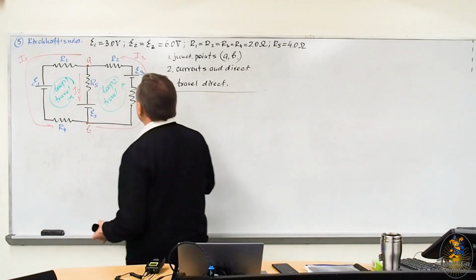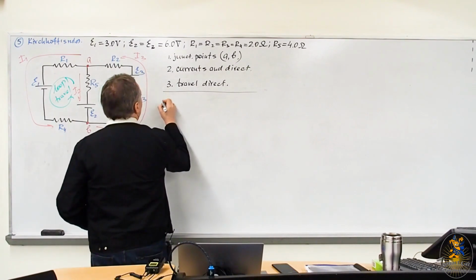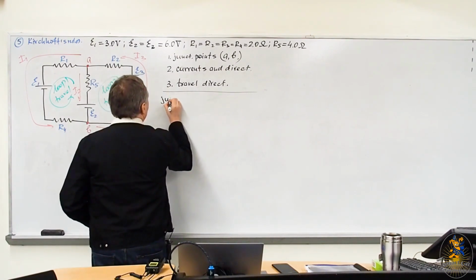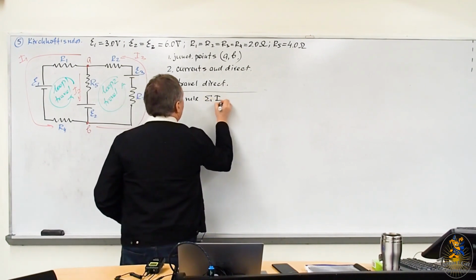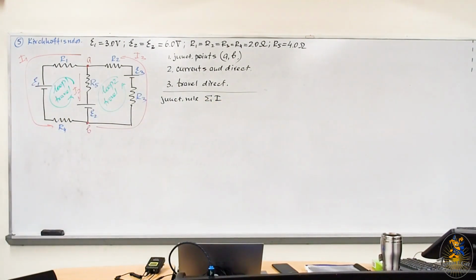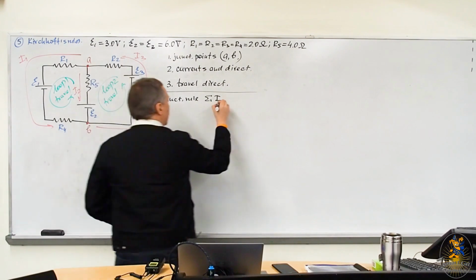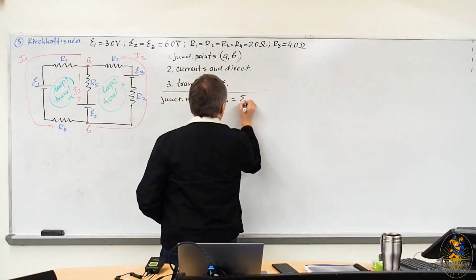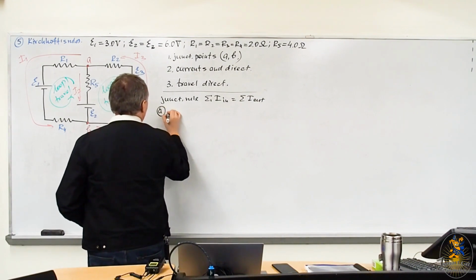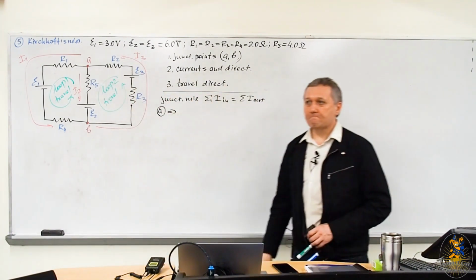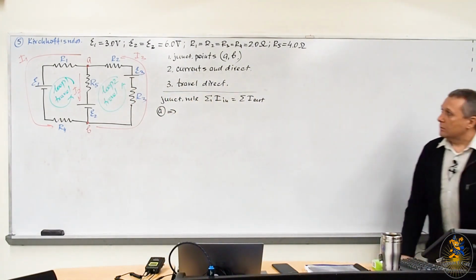So let's start. First, junction rule. So the total amount of currents into the junction point must be equal to the total amount of currents out of the junction point. And there are two of them. A. Very trivial.